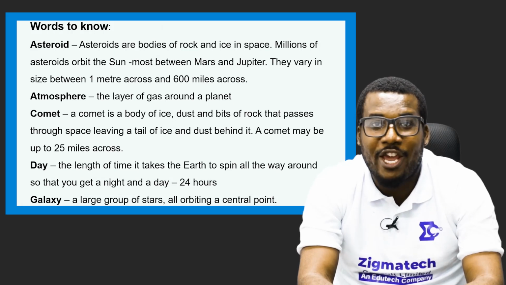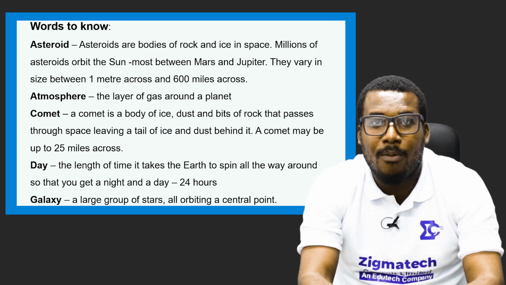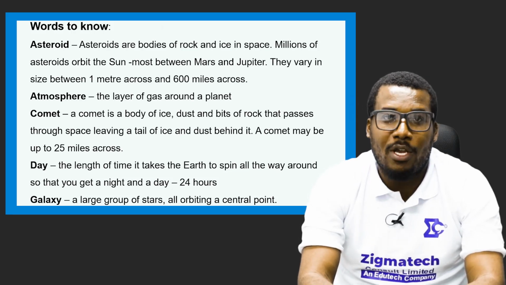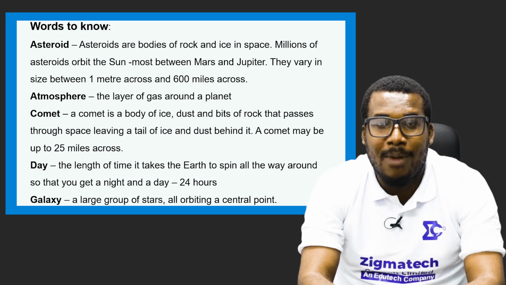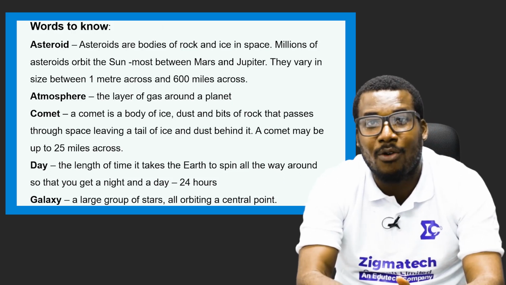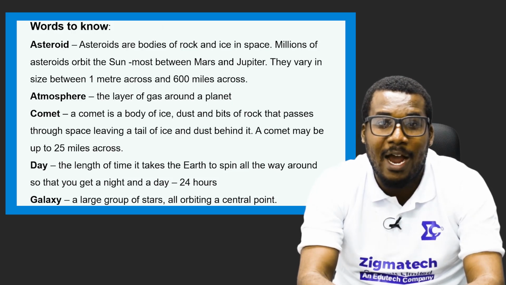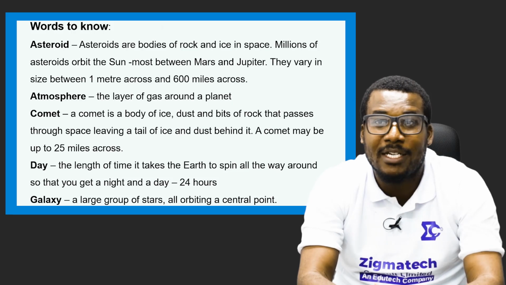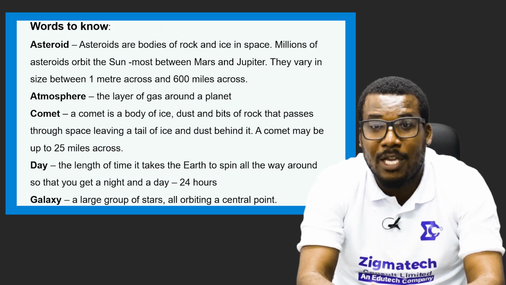Asteroids are quite enormous. To make you understand just how enormous a 600 mile diameter asteroid is, imagine a mountain like Mount Everest. It's about 8 kilometers high and roughly 5 kilometers wide.